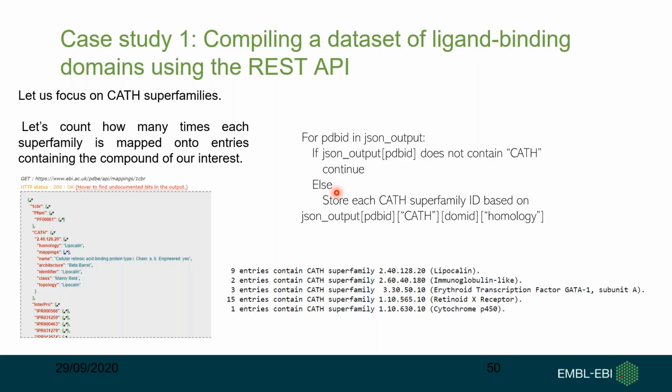Otherwise, we take a look at one specific field called homology, which is specified here. So a lot of exercises in REST API consist of going through the JSON output and delving deeper into the fields within that JSON output. And once we store the homology value, what we get is a profile of how many entries contain what domain and what is the homology name of this domain.